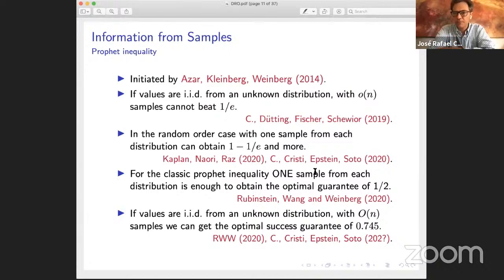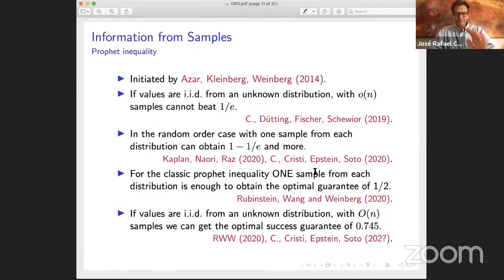This is, I would say, very unexpected. Typically you would expect to need lots of samples, to be able to learn the distribution, in order to achieve the same guarantee that you would achieve if you knew the distribution. But for the prophet inequality, just one sample is enough. And this is something very nice, and it's a very nice paper.